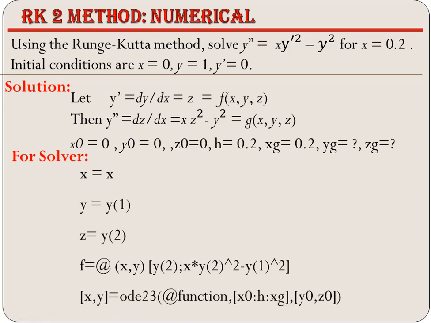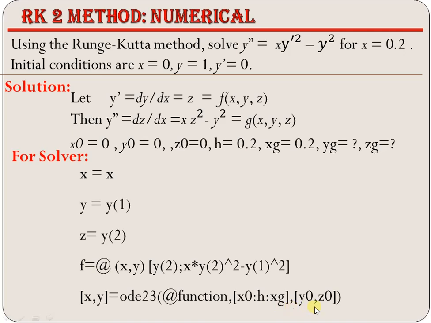The solver syntax is in square bracket x comma y is equal to ODE23. In bracket we have to write the @ symbol, then the given function, then use a comma, then again in square bracket we put the initial value of x0, then colon, step size, colon, final value of x, that is the xg value. After the bracket is complete, give a comma.